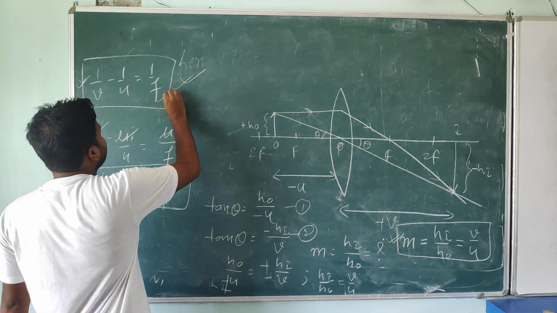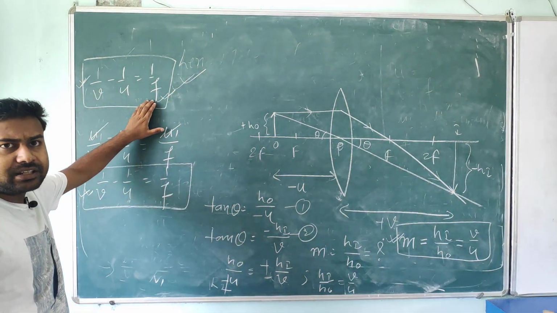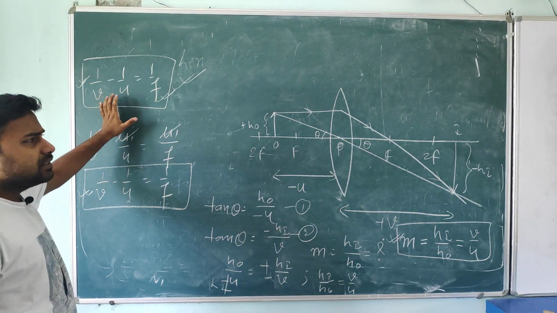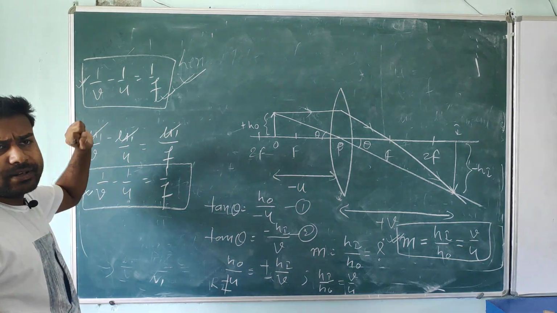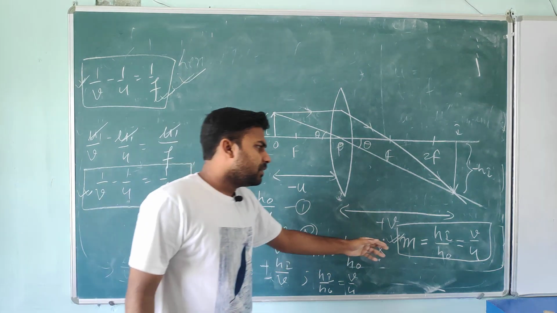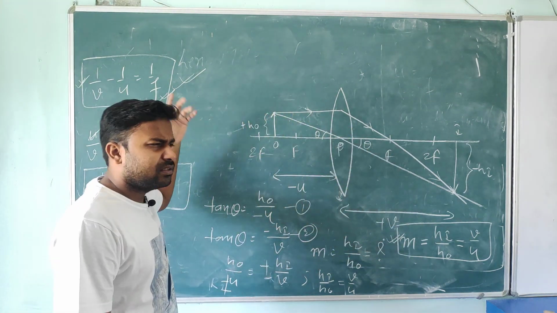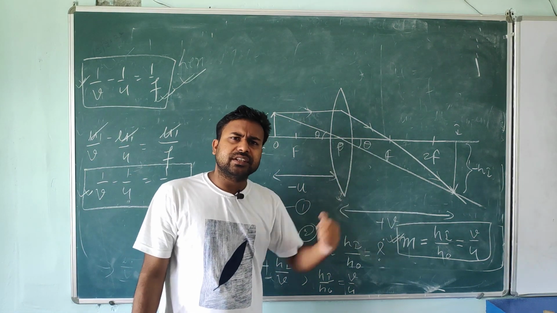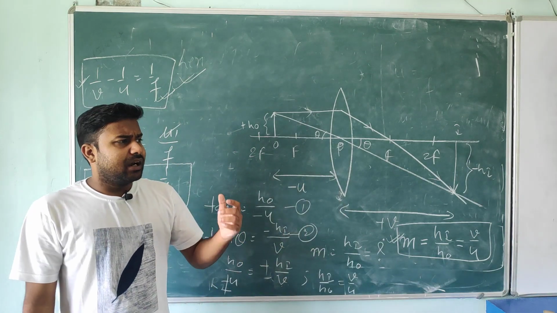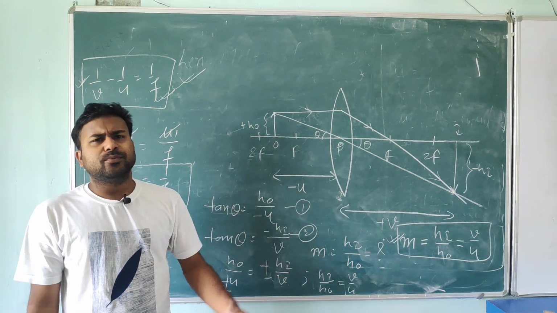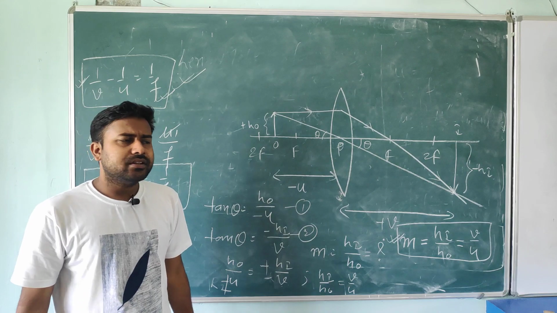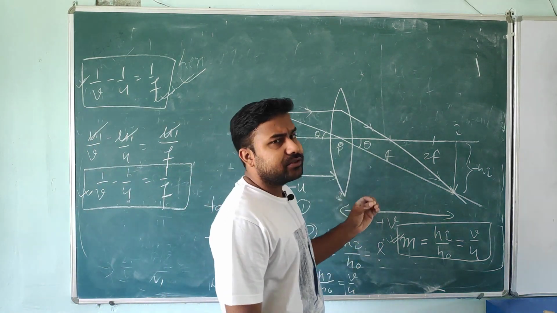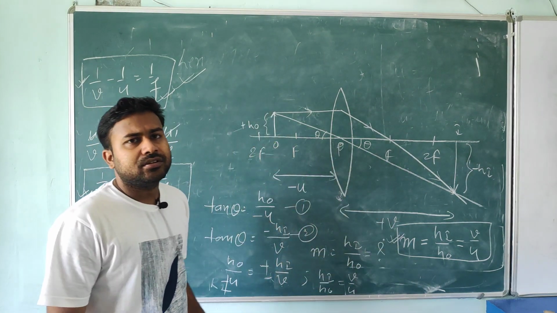Using the lens maker formula, you have to find the focal length of that lens, then either v or u they will give you. And they can ask the magnification, the distance between object and image, the distance between object and pole, anything they can ask. So you will get a hybrid question. There you have to use these 2-3 formulas.